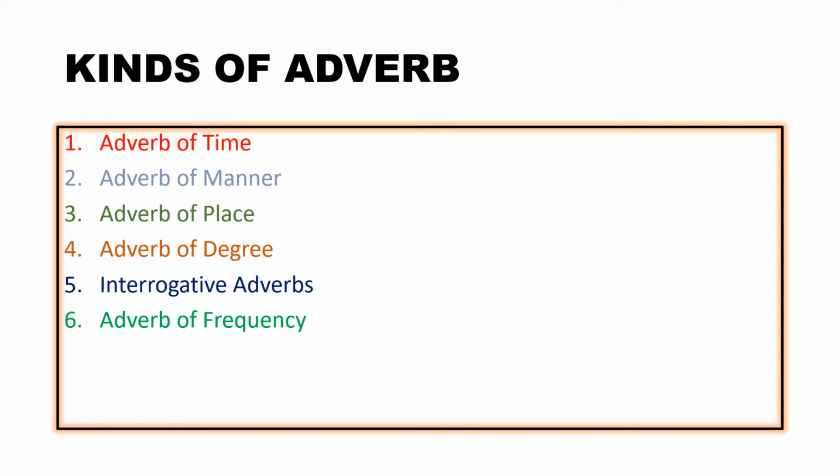The first is adverb of time, second, adverb of manner, third, adverb of place, fourth, adverb of degree, fifth, interrogative adverbs, and sixth, adverb of frequency. Among all these 6, the first and second, that is the adverb of time and adverb of manner, we have studied in the previous video. Now, today we will learn about the rest of the adverbs.